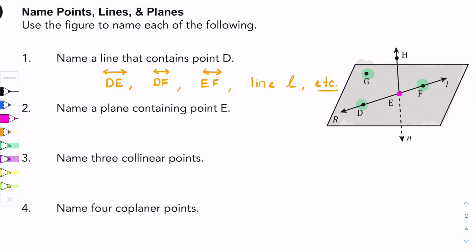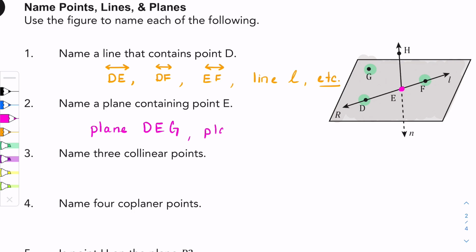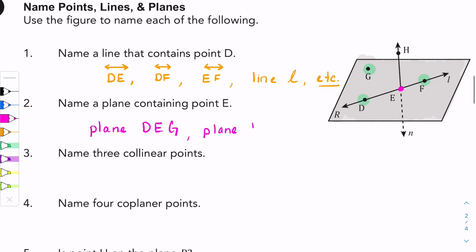When I label the plane containing point E, we could label it numerous different ways, but I'm going to start by labeling it plane DEG. We could label it plane FEG. We could also label it as plane with the script letter R, plane R. And this list would continue.